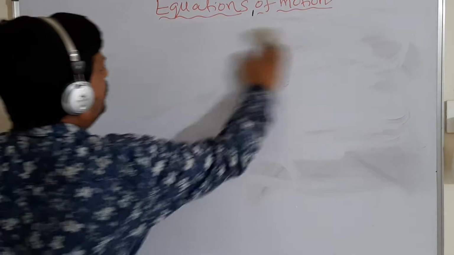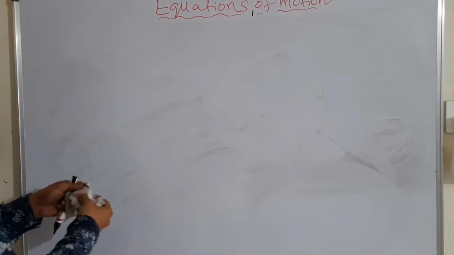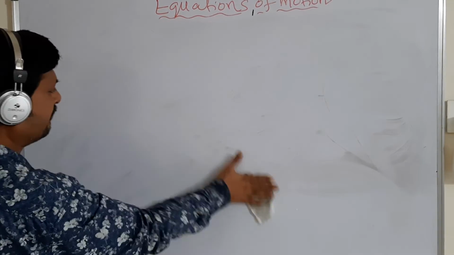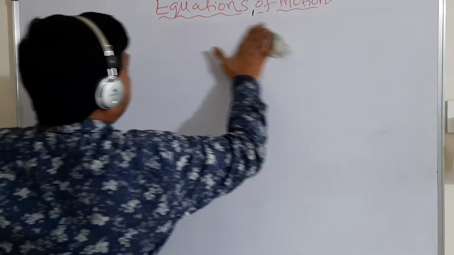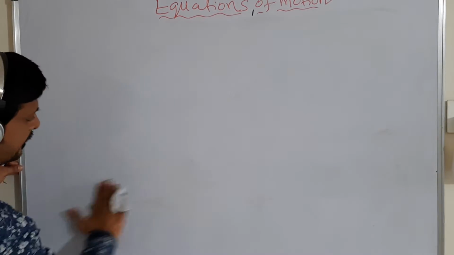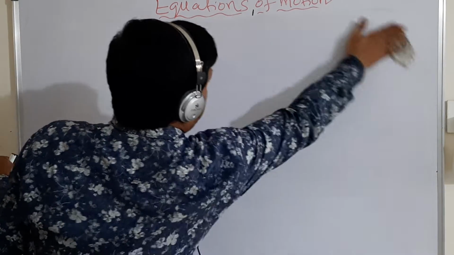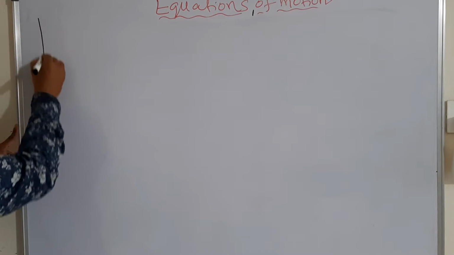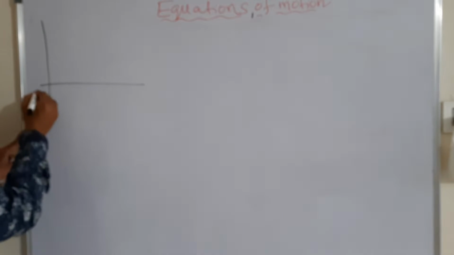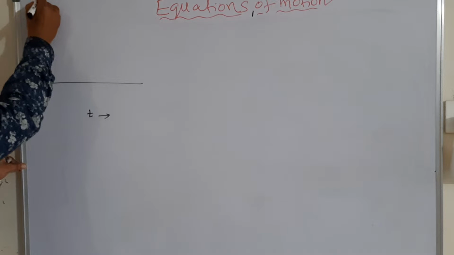Right. Now draw a VT graph for solving equations of motion. First I am drawing the velocity time graph. Time is on the x-axis, velocity is on the y-axis.